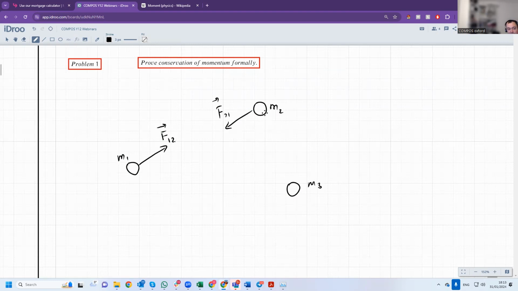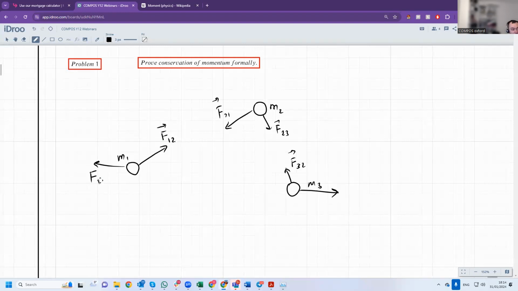Now, imagine M2 and M3 also attract. So let's call it like this: F2 from 3 and F3 from 2. And imagine M1 and M3 also interact, and they repel for some reason. We don't have to know what's happening.